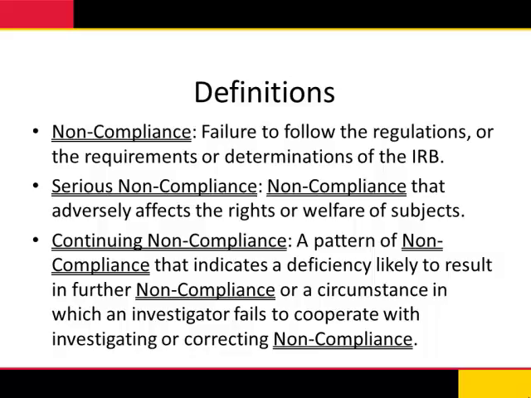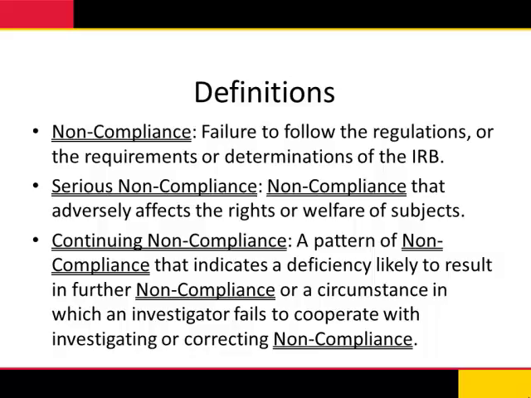So there's noncompliance, serious noncompliance, and continuing noncompliance. Those are institutional definitions. They are not federally defined, but these are the definitions that this institution goes by. So noncompliance is failure to follow the regulations or the requirements or determinations of the IRB. Serious noncompliance is noncompliance that adversely affects the rights or welfare of a participant.